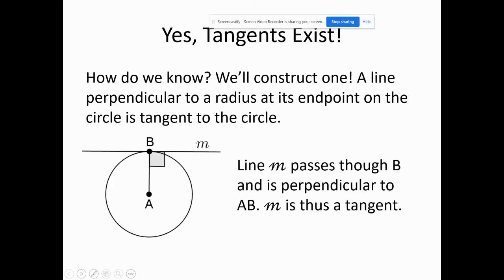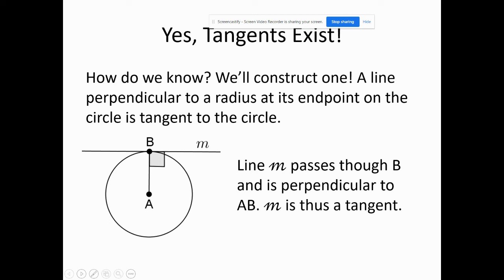How does this go? So we start with a circle. Okay, so think of this as a multi-stage process. So start with the circle. You see here circle A. Point B is a point on the circle. Construct then radius AB. The circle is center A, and then B a point on the circle, and then the radius AB.